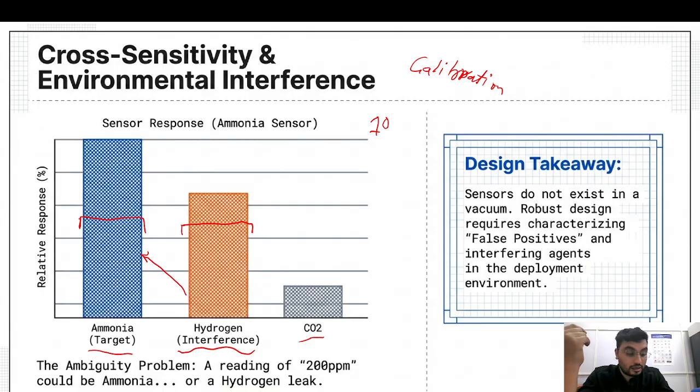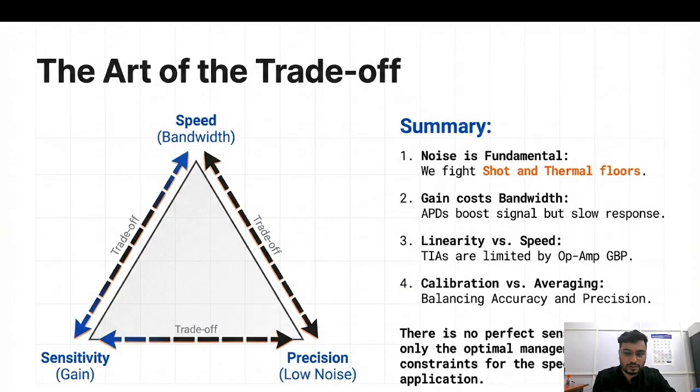After dealing with the sensitivity and everything, we need to deal with the environment also. This is called cross sensitivity, and we'll discuss how it is affecting in later classes. And here I have shown the art of the trade-off.